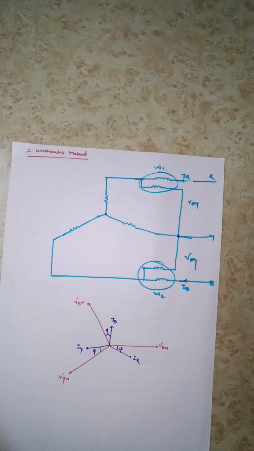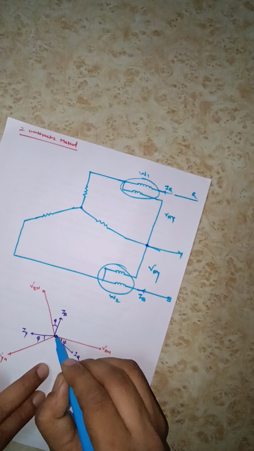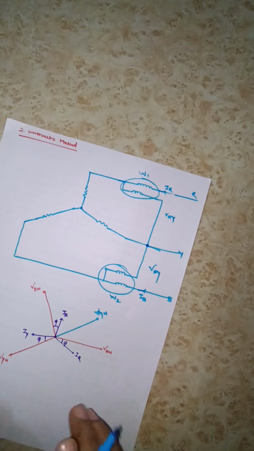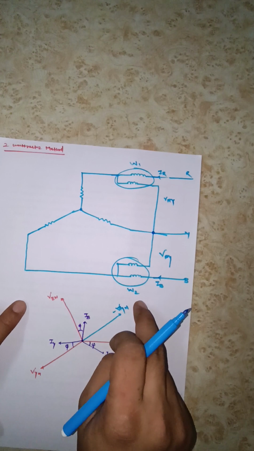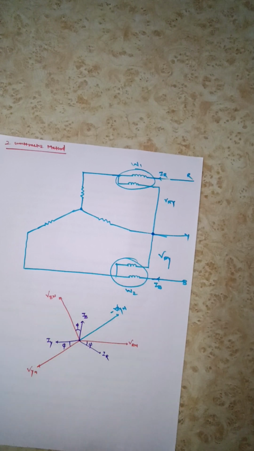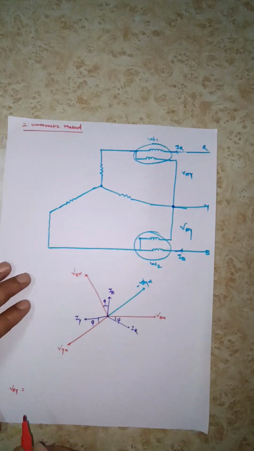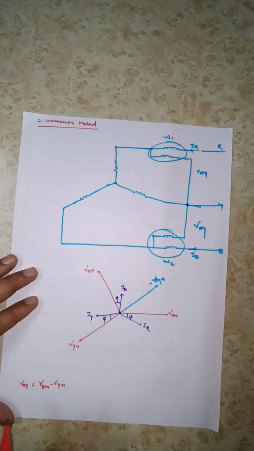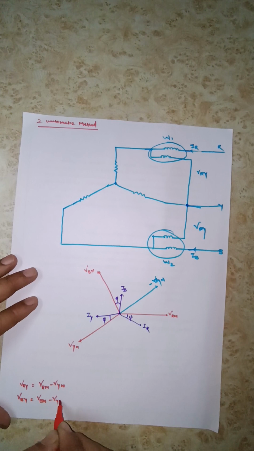Now take VYN in the opposite direction; it will be of negative sign, because VYN is positive in this direction and negative in the opposite direction. So VRY will be equal to VRN minus VYN. Similarly, as we discussed in my previous lecture, VBY is VBN minus VYN.